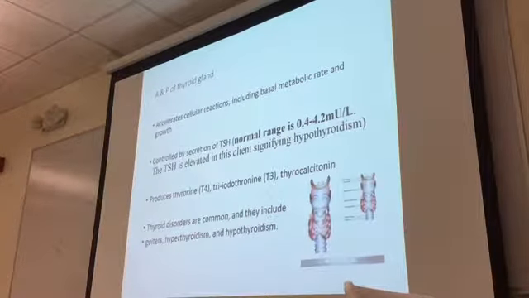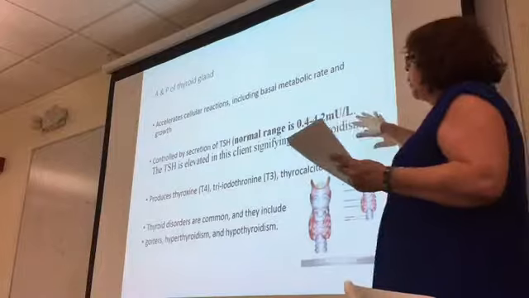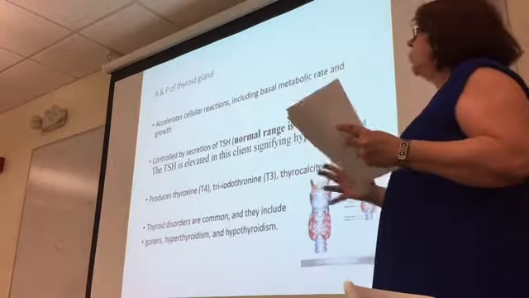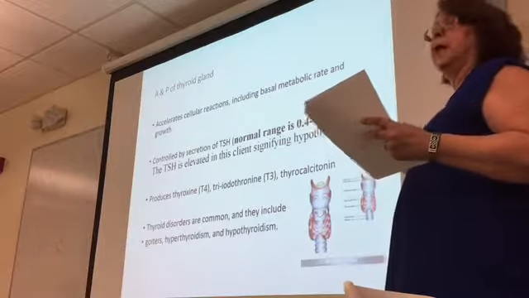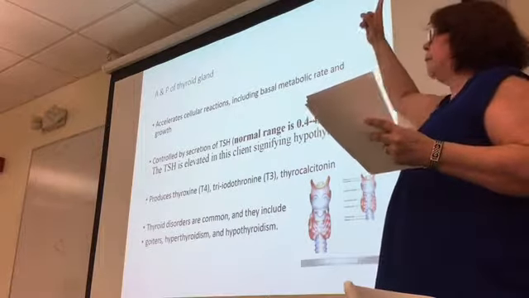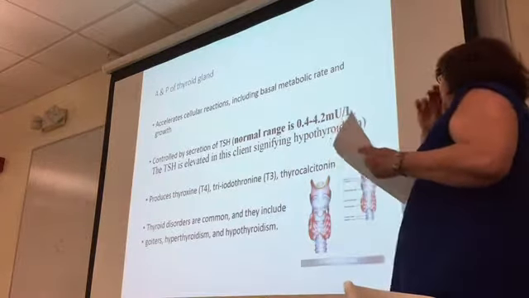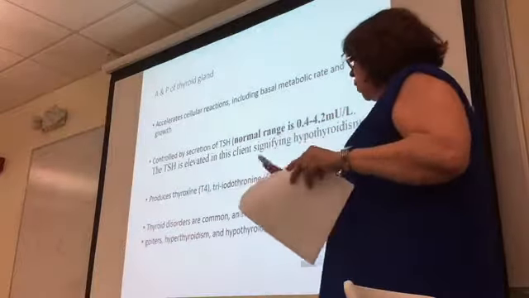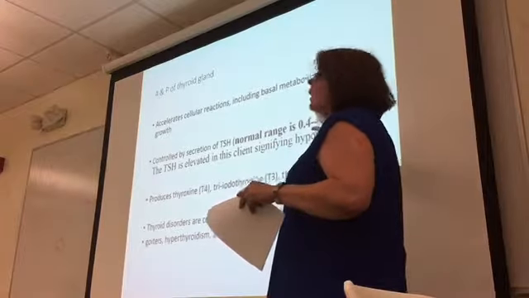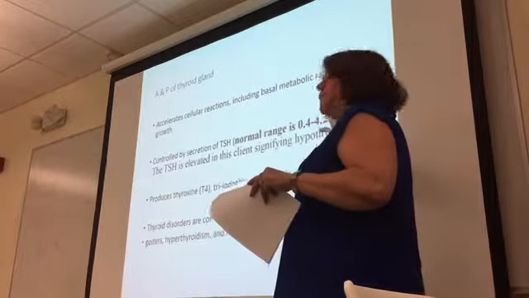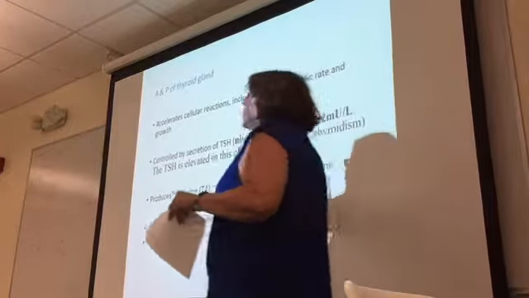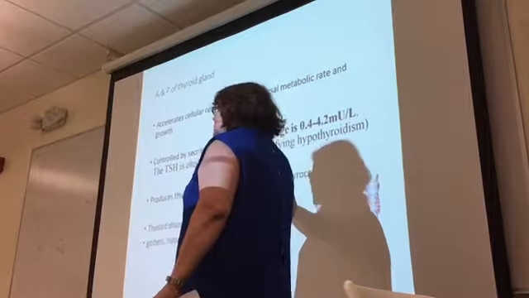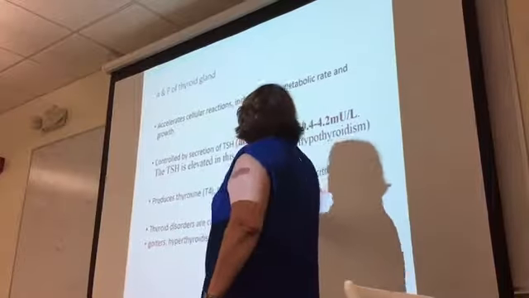So thyroid stimulating hormone. If someone is hypothyroid, would it be up or down? Up. Because if you have hypothyroid, your thyroid's not working, so it's going to secrete a lot more thyroid stimulating hormone to release T3 and T4, which are low because the thyroid gland isn't working well, it's underactive.